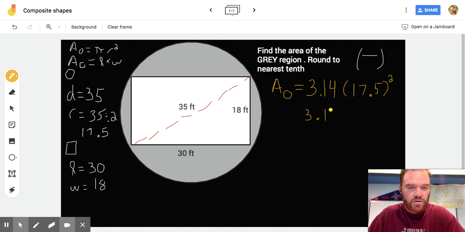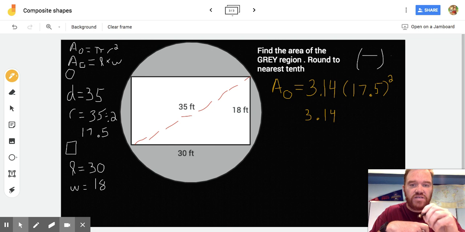17.5 squared means 17.5 times itself. Squared means we're multiplying the number by itself.